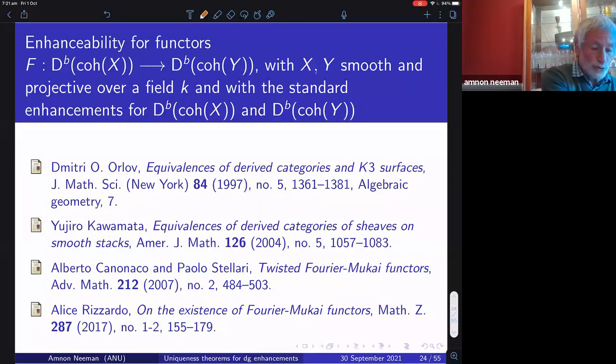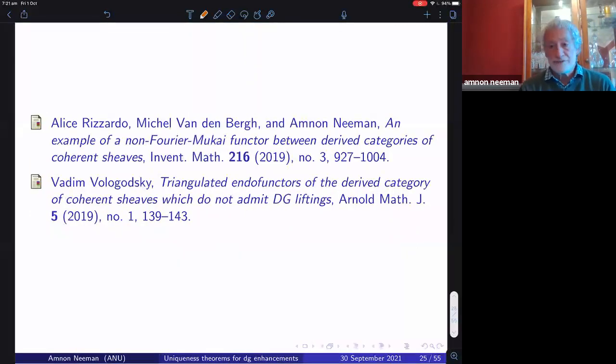And the answer turns out to be no. So this was answered very recently. There's a counterexample due to Rizzardo and Van den Bergh, which appeared in 2019. And there's a counterexample due to Vologodsky, which also appeared in 2019. The Rizzardo and Van den Bergh one is better in the sense that it's linear over a field, whereas Vologodsky's is linear over, no, sorry, not the dual numbers.